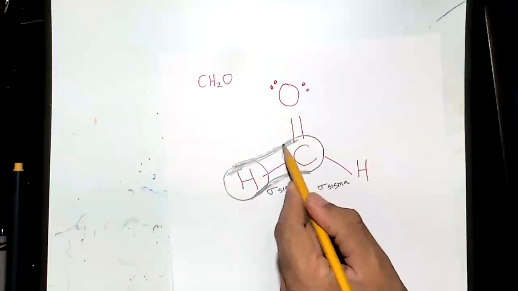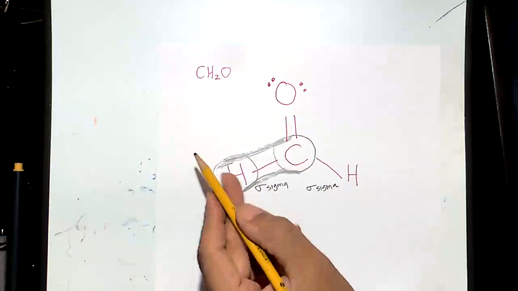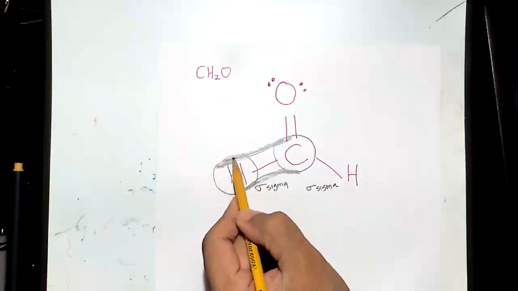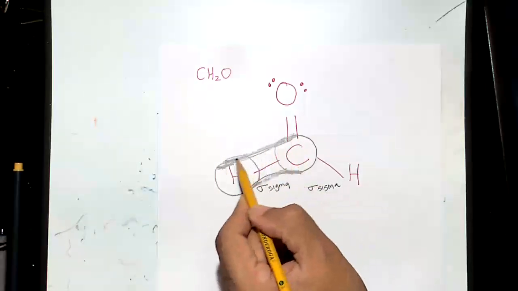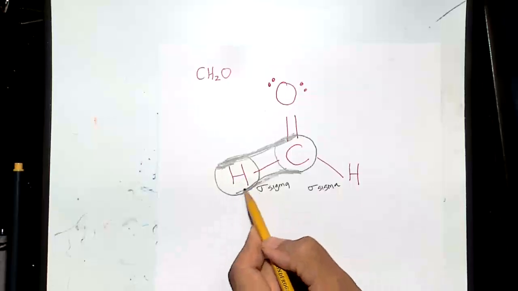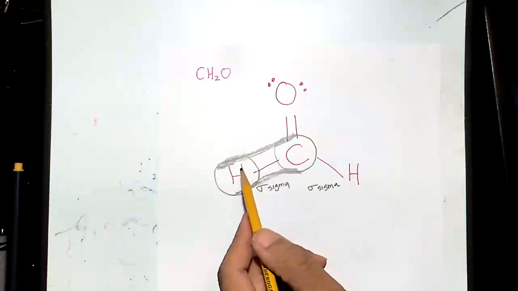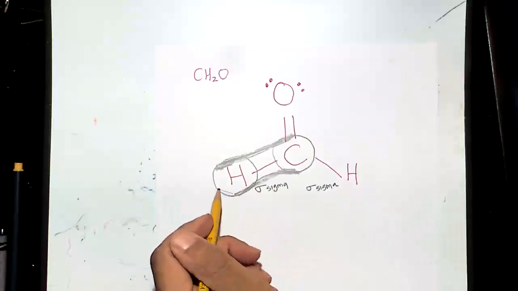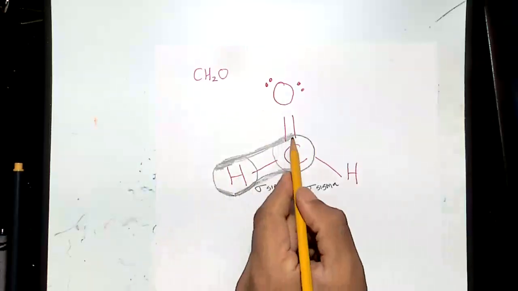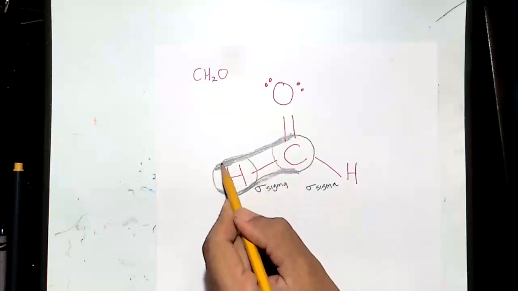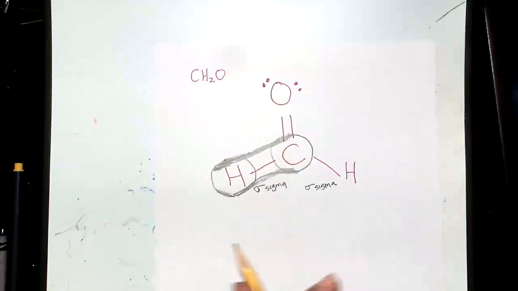Okay. So the s orbitals are overlapping. So we have a nice overlap of the s orbitals, which is a sphere. Okay. All right, same thing on this side.